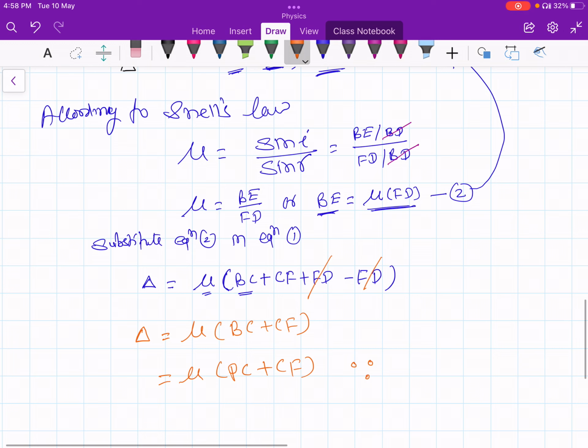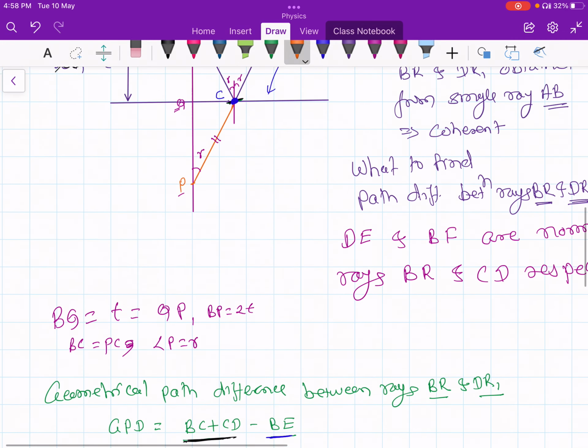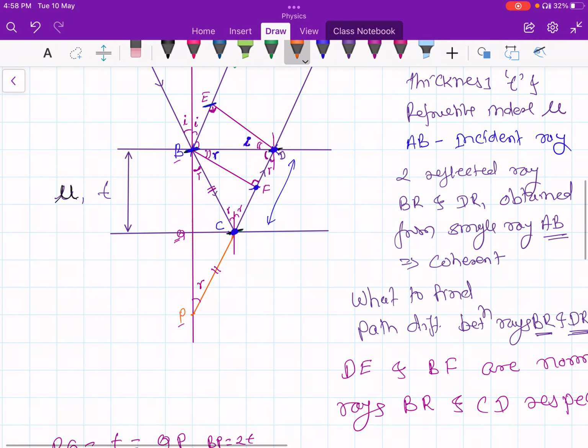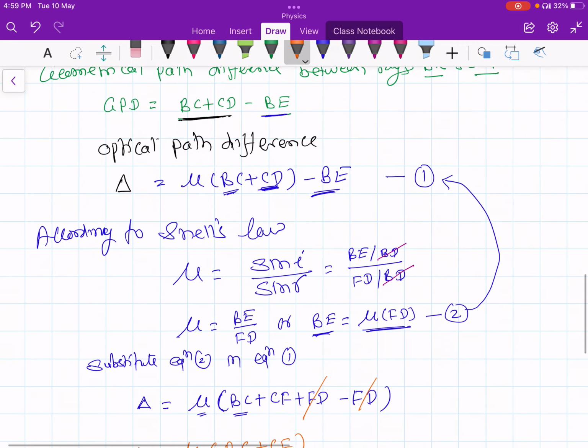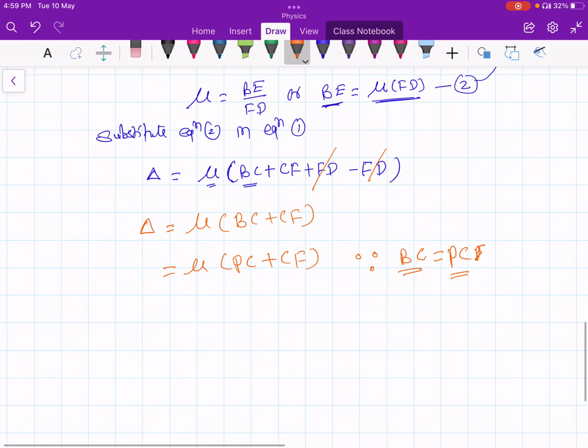That I will write as mu times (PC plus CF). Why I wrote that? Because BC is equal to PC. Let's see the diagram. This is PC and that is equal to BC. And so PC plus CF, that I will rewrite as PF.